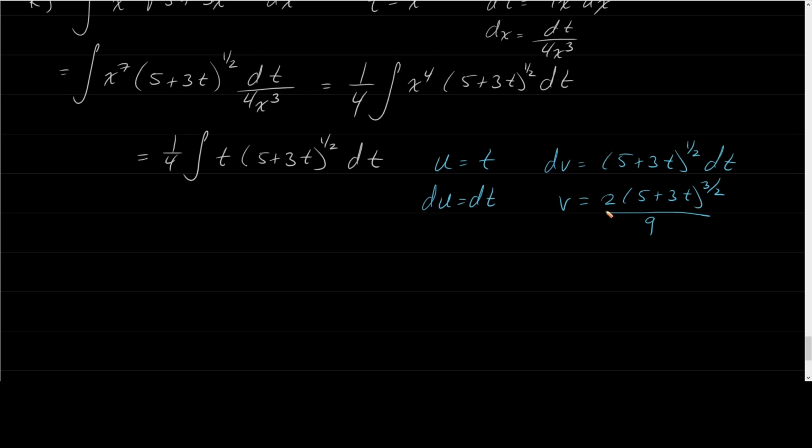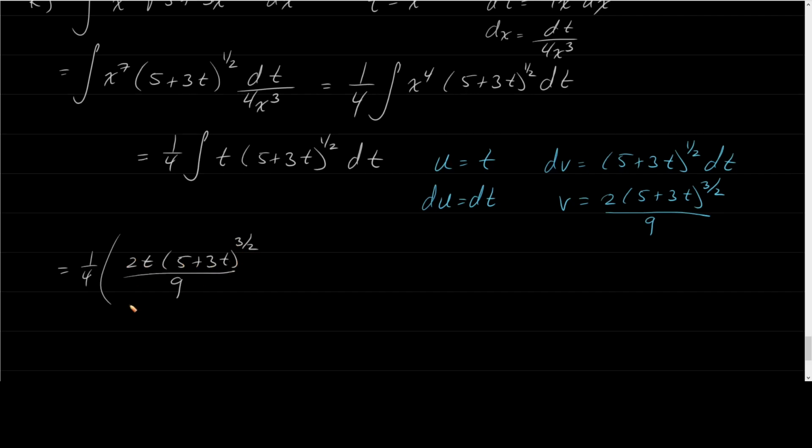All right. So now, at this point, this becomes UV. Well, don't forget about the 1/4 on the outside. 1/4 times UV. So I have, I'll write this as 2t times (5 plus 3t) to the 3/2 over 9.